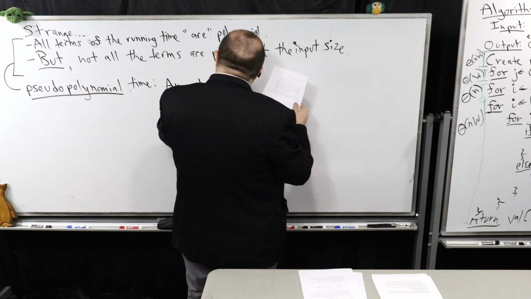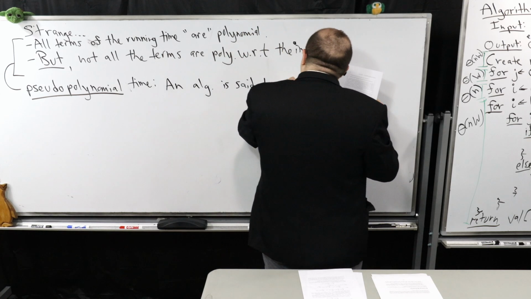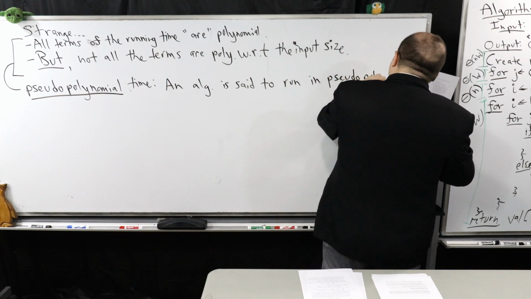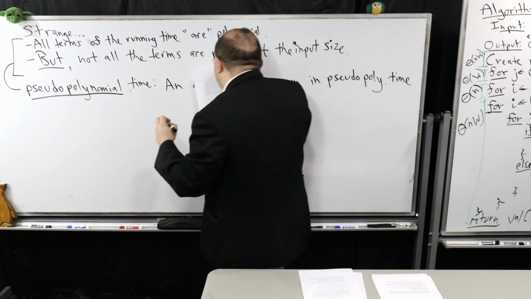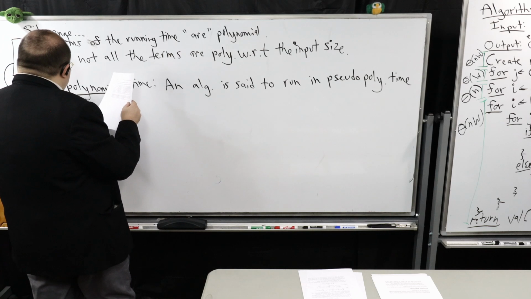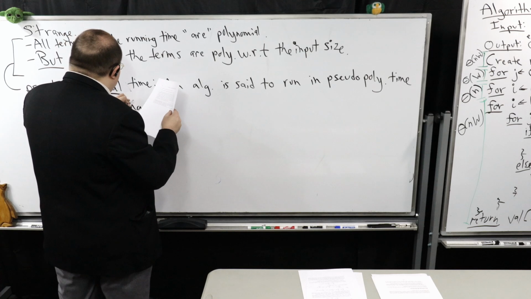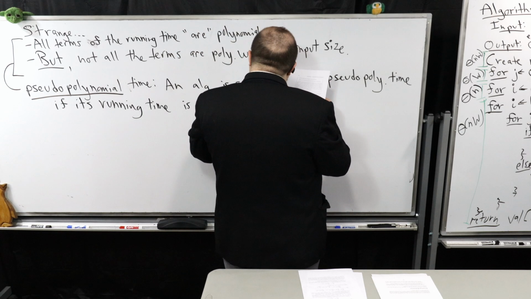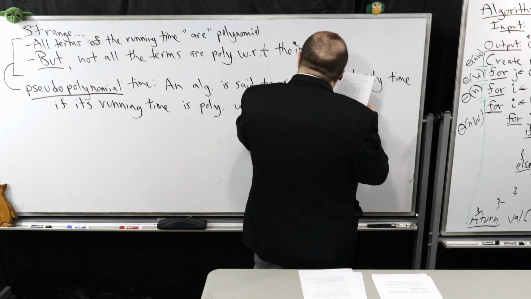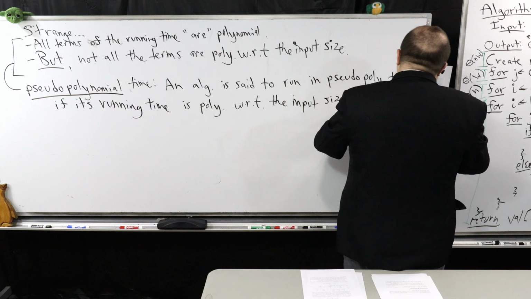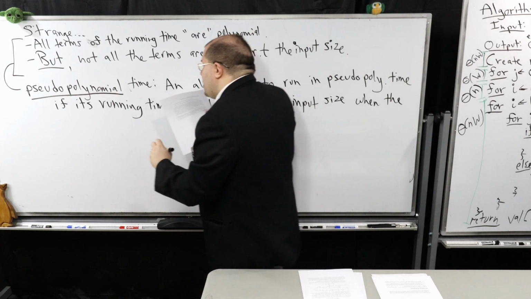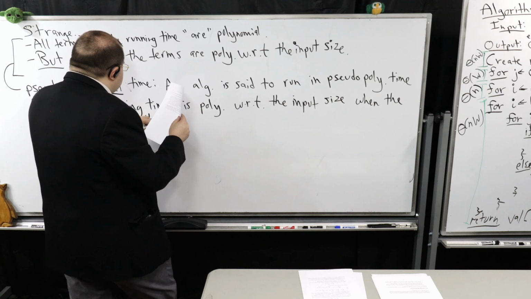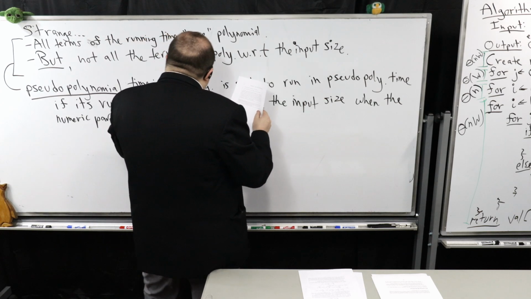An algorithm is said to run in pseudopolynomial time if its running time is polynomial with respect to the input size when the numeric part of the input is encoded in unary.